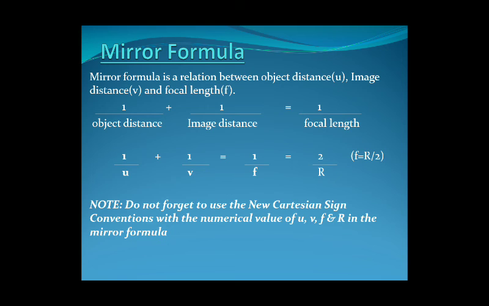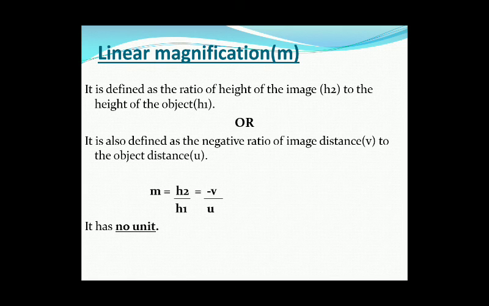Now, the next term is magnification. Magnification is actually giving us the comparison in terms of their size or in terms of their distances, that is object distance or image distance. So it is defined as the ratio of height of the image to the height of the object, or it is also defined as the negative ratio of image distance to the object distance.